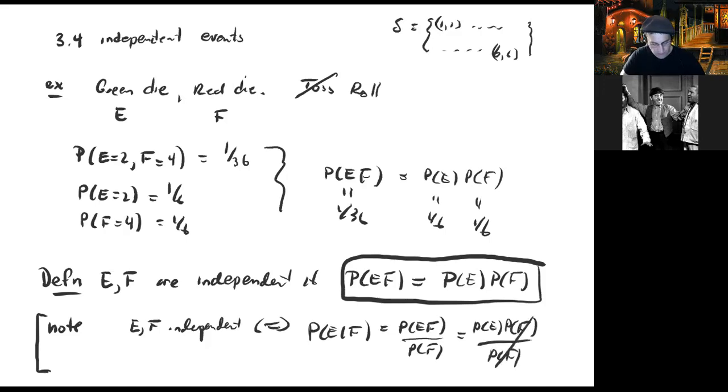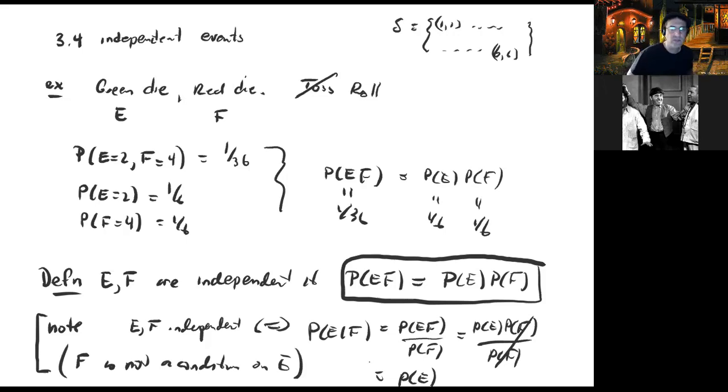And so the probability of E conditional on F is the same as the probability of E. In other words, F does not constrain what E does, right? F is no condition at all on E. Okay, so that's sort of the idea of independence.